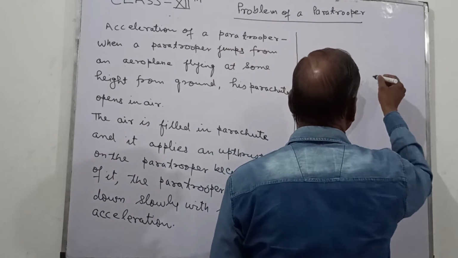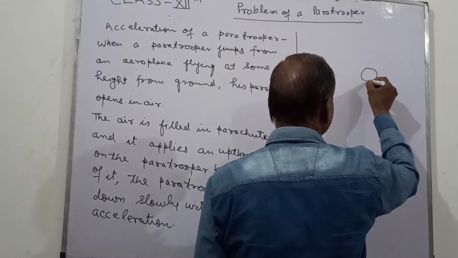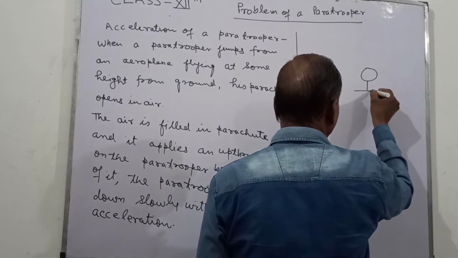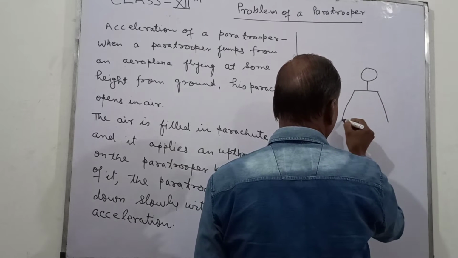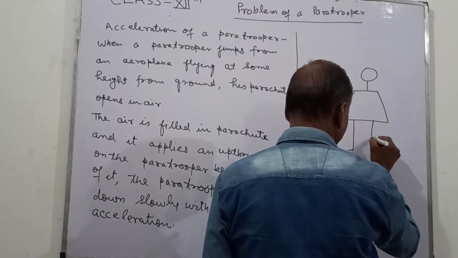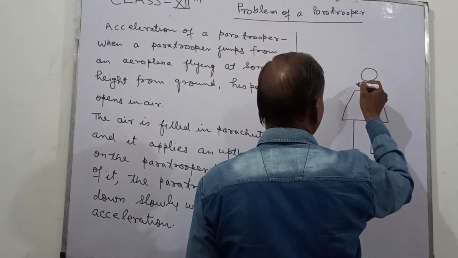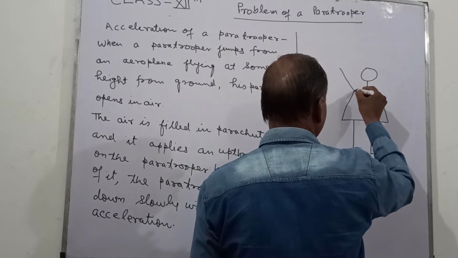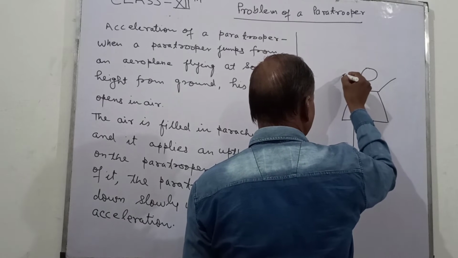Now suppose here is a paratrooper. He has his hands like this. These are his hands.